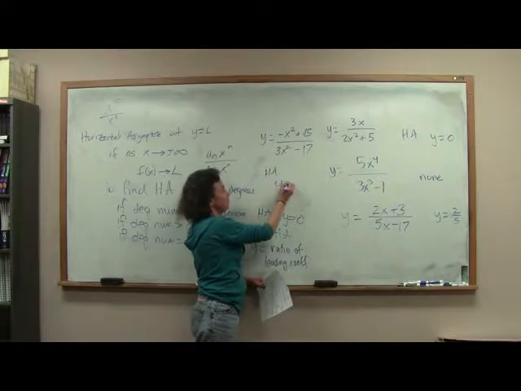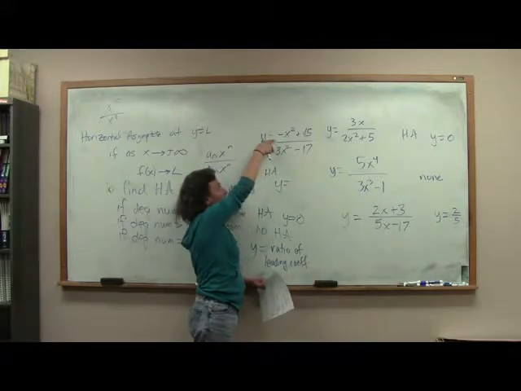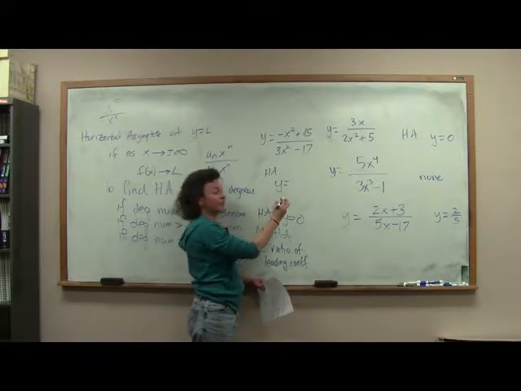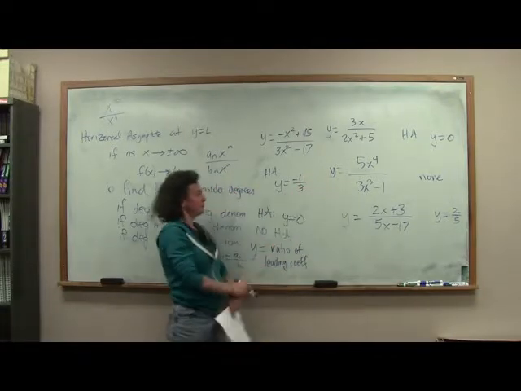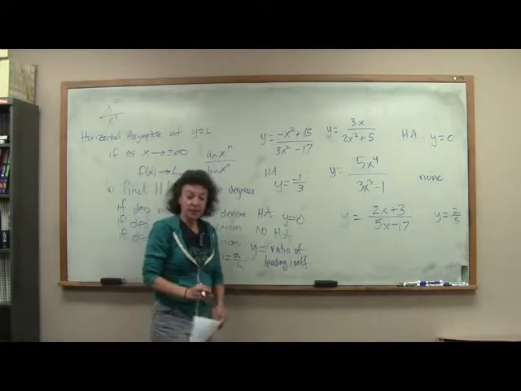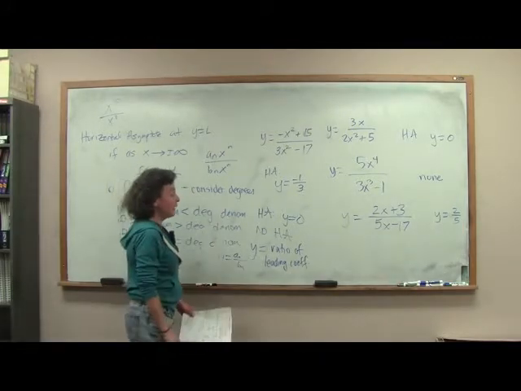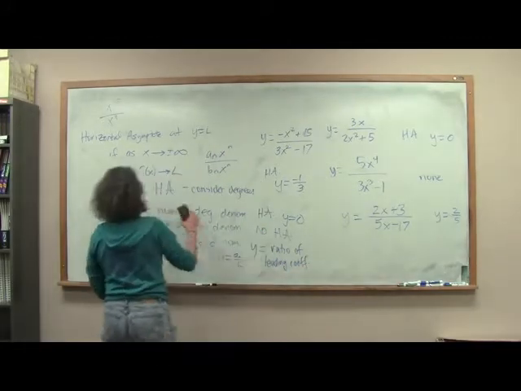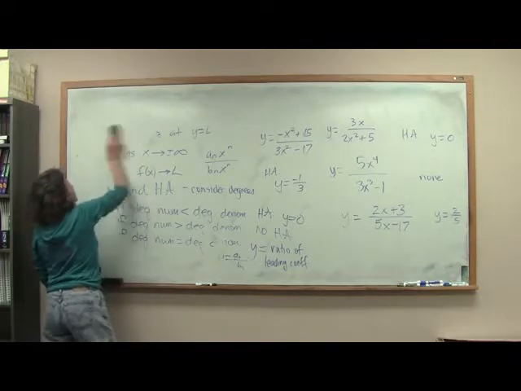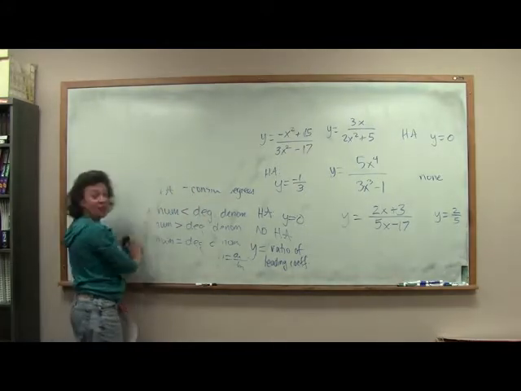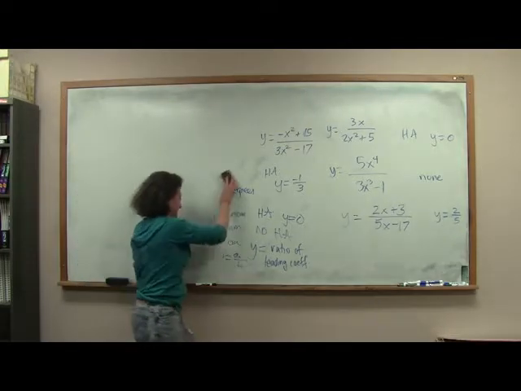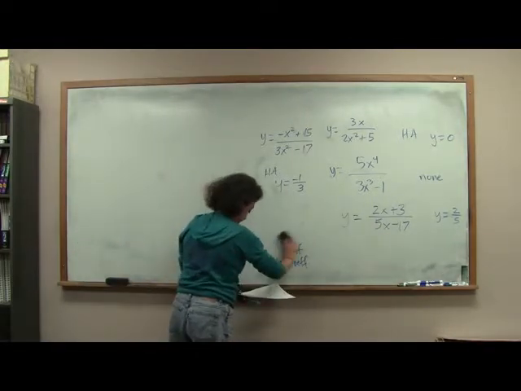So I'm going to have my horizontal asymptote be the ratio of the leading coefficients. I have negative 1 over 3. So that is what we have with our horizontal asymptotes. Don't worry, we'll get a lot of practice finding these because we're going to be graphing a whole bunch of them.